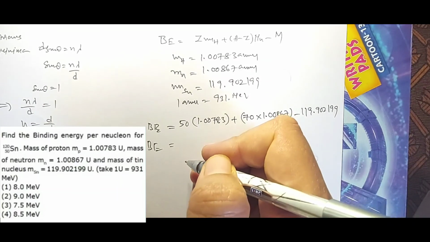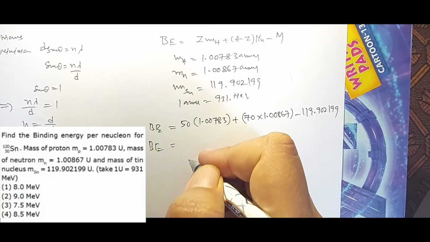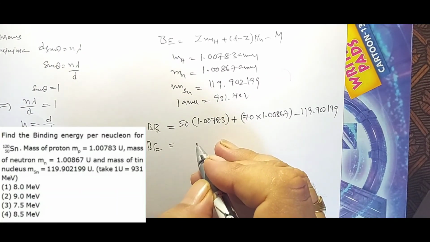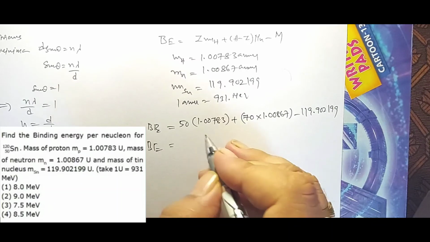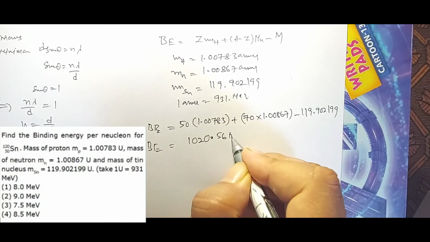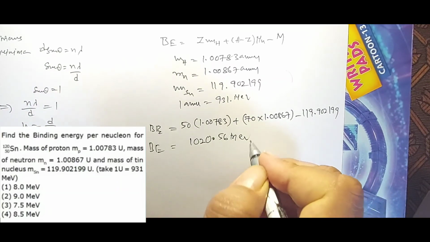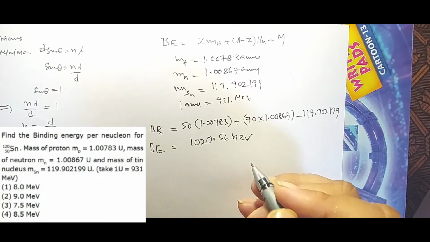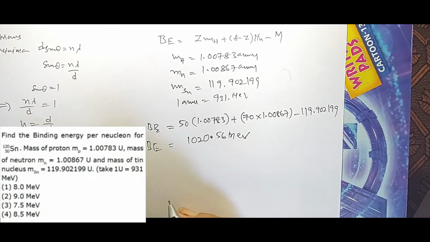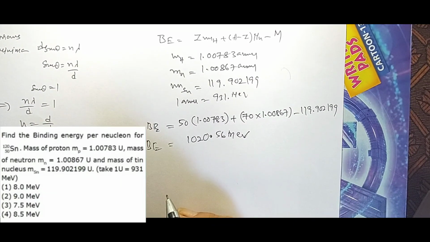After calculating this, we get binding energy equal to 1020.56 MeV. I did it in a rough notebook. So binding energy is this much. But they ask for binding energy per nucleon.